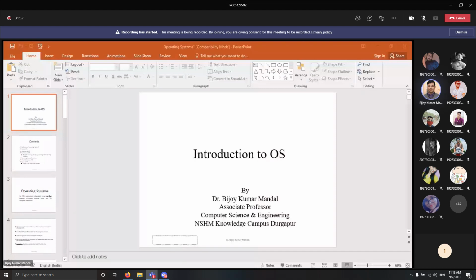As we discussed last day during the practical classes, OS is a program or set of programs that acts as an interface between the computer system and user. How can it act as an interface? Already we discussed. If anyone has any doubts or any query, they can ask me.